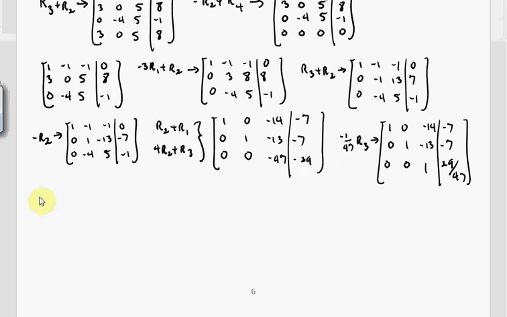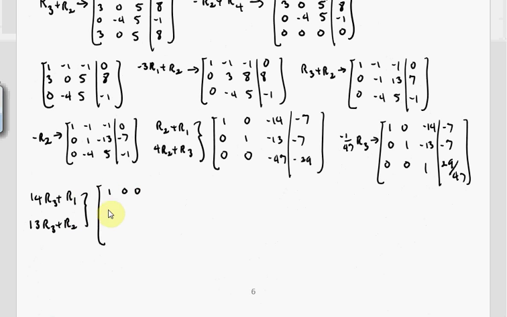All right. So it looks like positive 14 times row 3 plus row 1, and then positive 13 times row 3 plus row 2 should give us what we want.